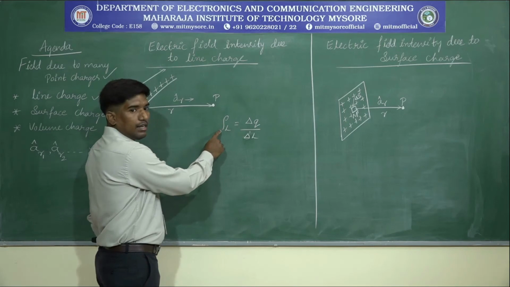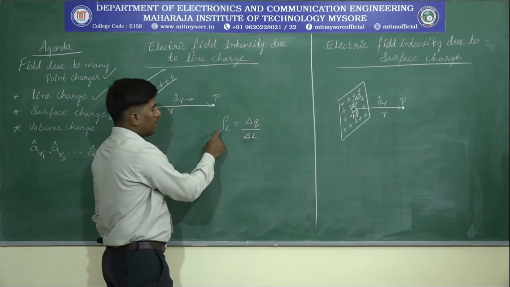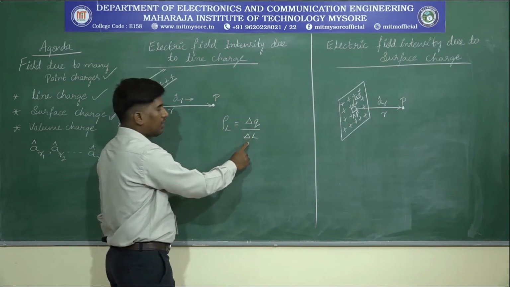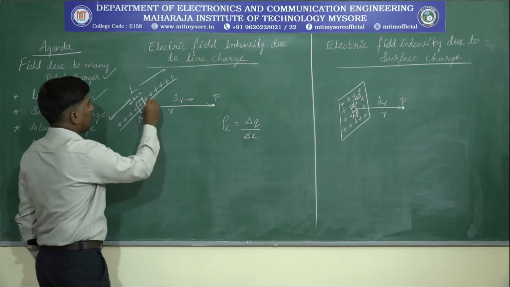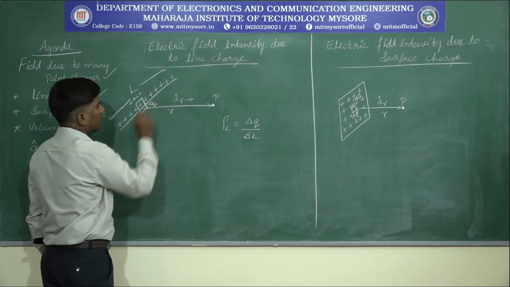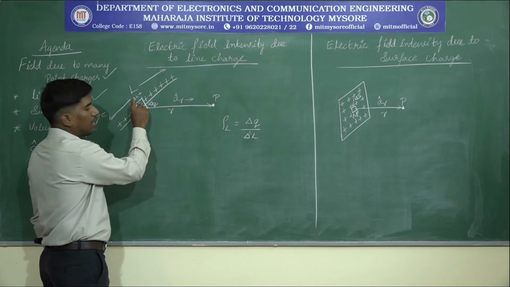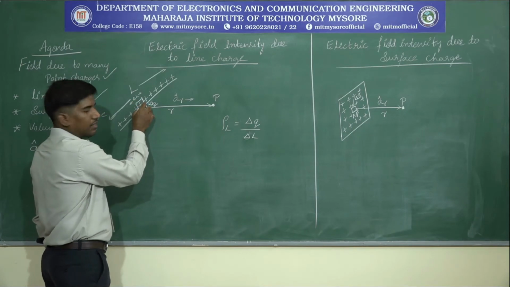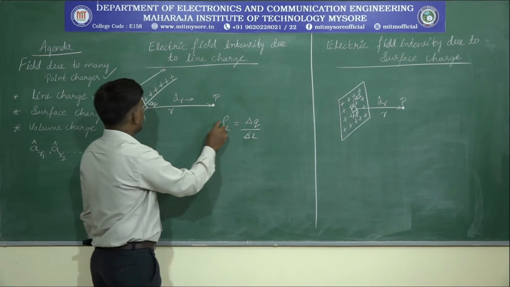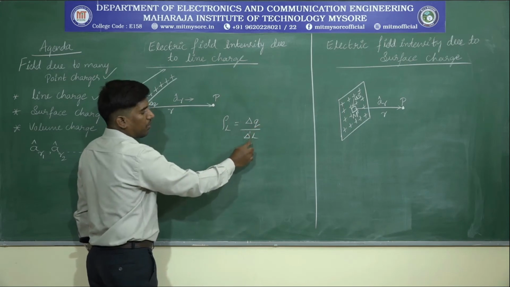Line density and surface density come in here. Here the electric line density is equal to charge per unit length. See, delta Q is the elementary charge present at this particular length delta L. Therefore the density of charges is given by electric charge per unit length.